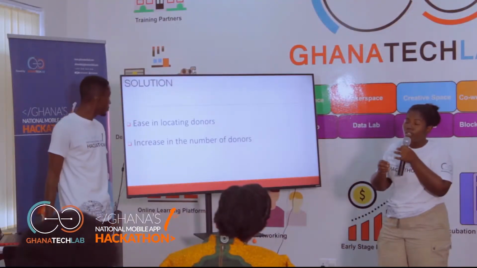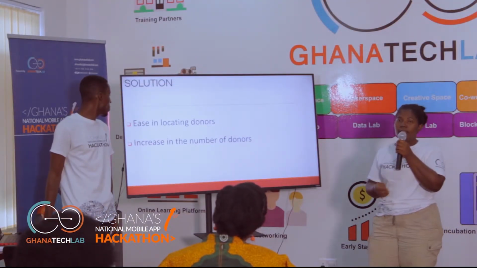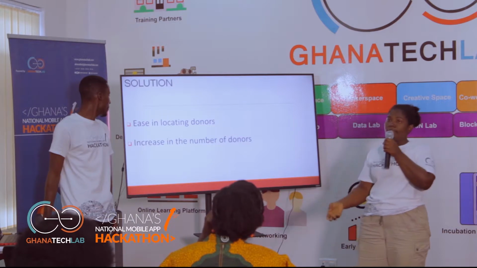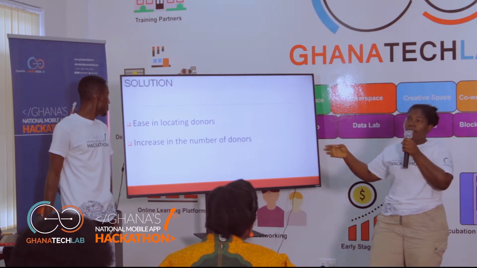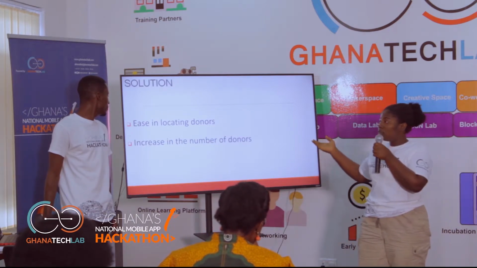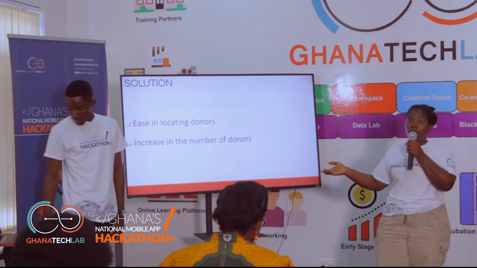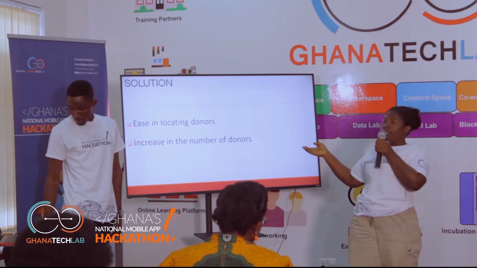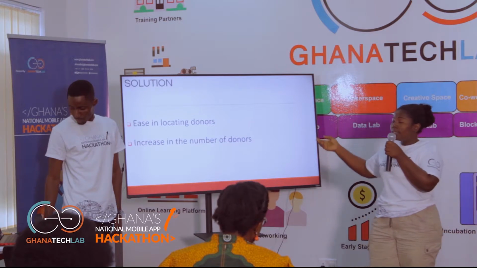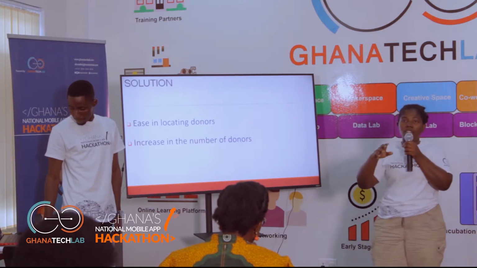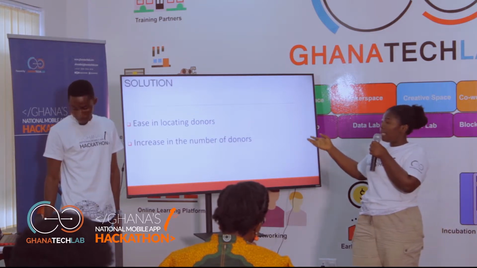In accordance with UN's Agenda 2030, S-Life seeks to ease the stress in locating blood donors and also increase the number of donors. When the number of donors increases, locating blood donors in your vicinity will be very easy.